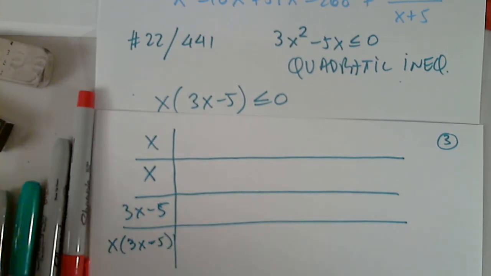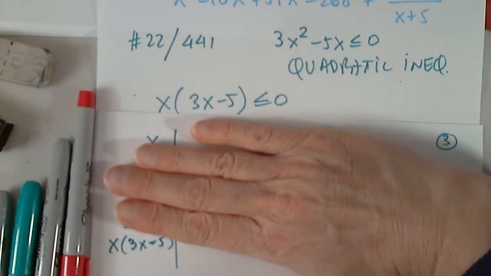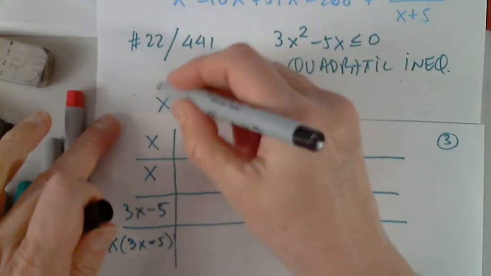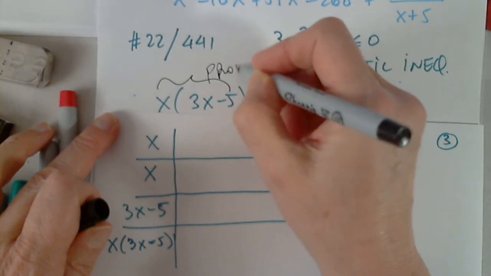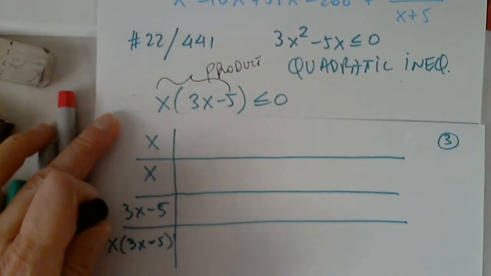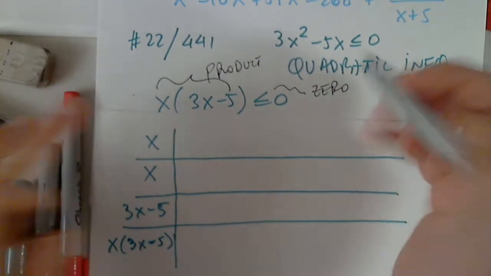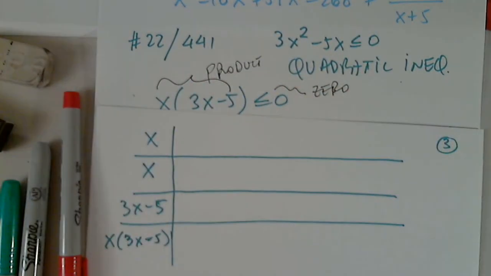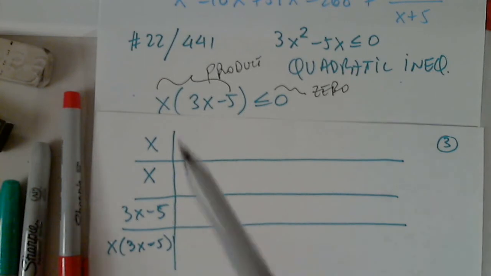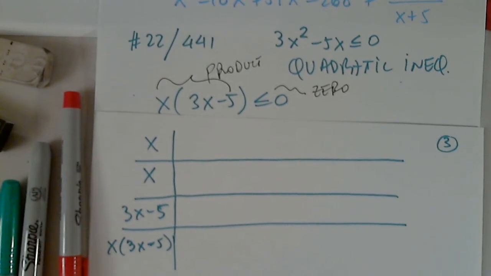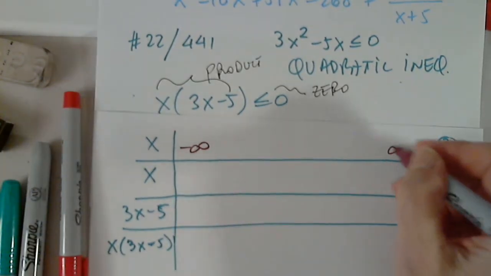Notice, like I said last time, the table cannot be applied if one side is not a product or a ratio and the right-hand side is 0, or vice versa. It can be the other way around. It doesn't matter. But one side must be 0 and the other side must be a product or a ratio. We're going to look at the ratio in a minute. Of course, x in the problem can be anything.